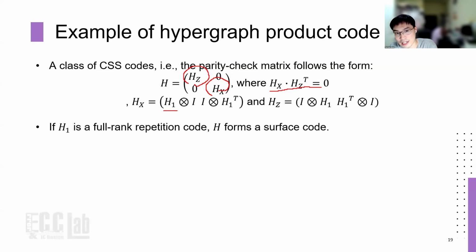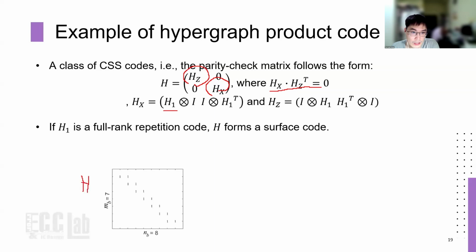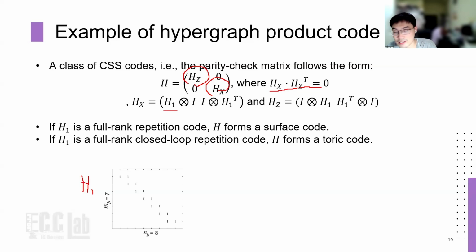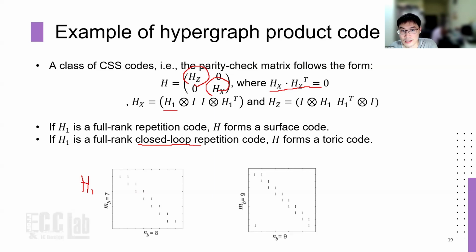If the base matrix H1 is a full rank repetition code, then H forms a surface code, just like this figure. This is H1, the parity check matrix of a full rank repetition code. And if the base matrix is a full rank closed loop repetition code, H forms a toric code, like this figure. Then if H1 is a random code, H forms a quantum LDPC code.